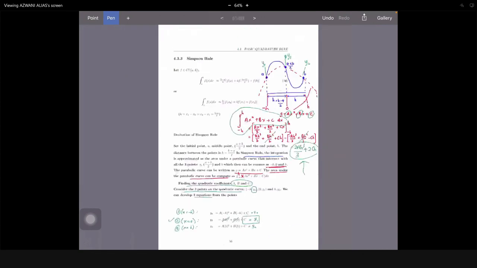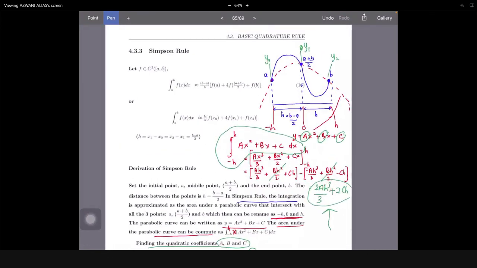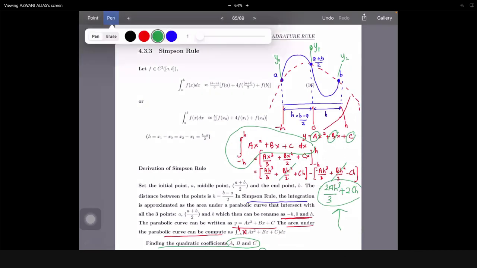Okay, so tengok balik kat sini. Yang kita dapat tadi adalah integrate AB which is the function tadi daripada kuadratik, you akan dapat h/3 y0 plus 4y1 plus y2.